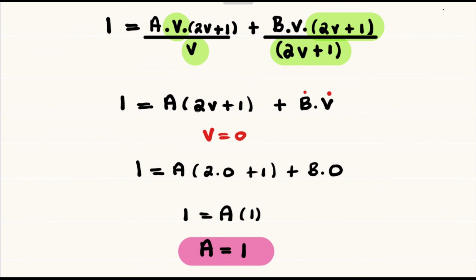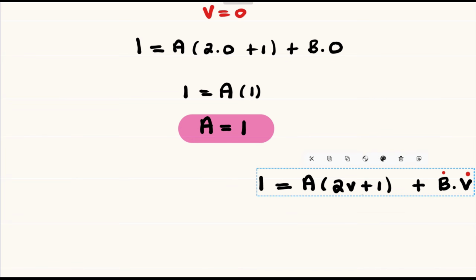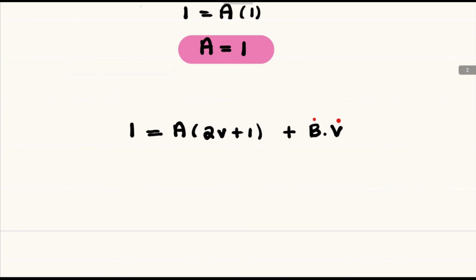So let's determine the numerical value of b. We can be strategic and let v equal negative half. When v is equal to negative half, that 2 multiplied by negative half will be negative 1, and negative 1 plus that 1 will be 0. And the 0 multiplied by that a will also be 0.